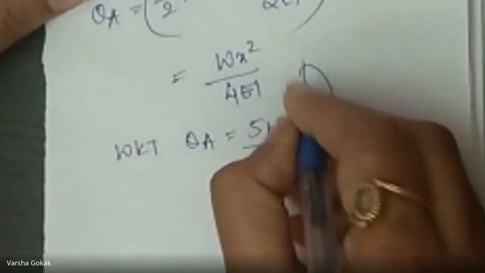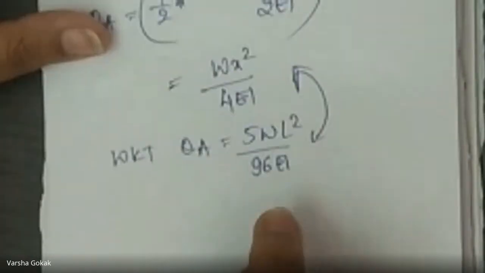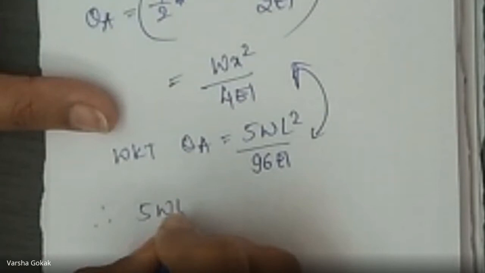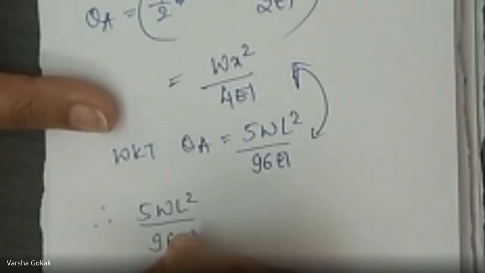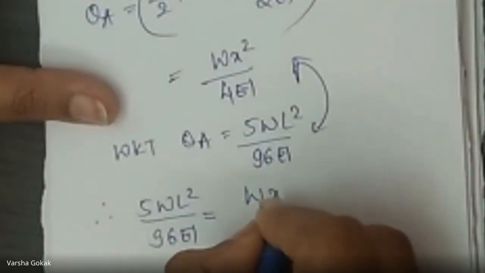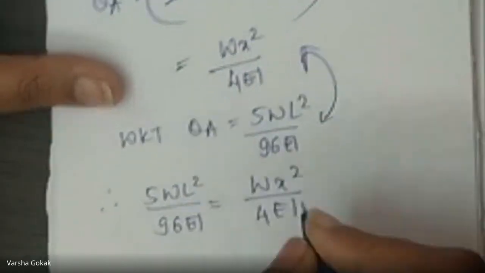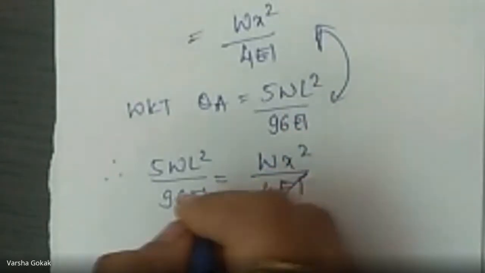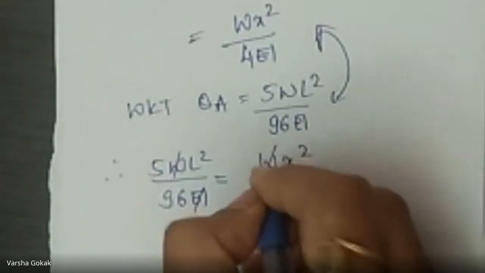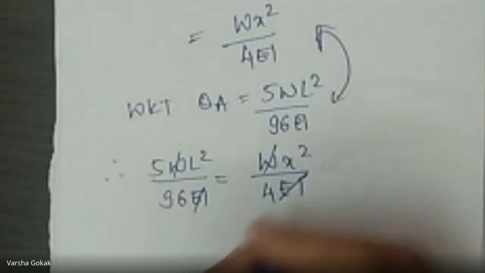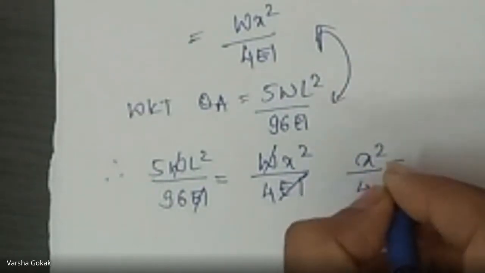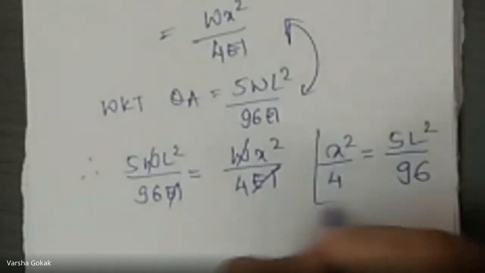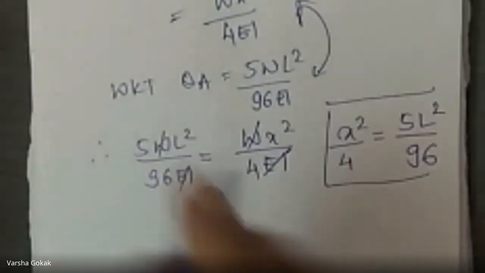So let us equate these two, because this is the slope at A and this is the actual value of slope at A. Therefore, 5 WL square divided by 96 EI is equal to Wx square divided by 4EI. Okay, I'm equating both of these. So from here, EI cancels, W cancels, right? What is left? X square by 4 is equal to 5 times L square divided by 96. Okay, now keep this as it is.